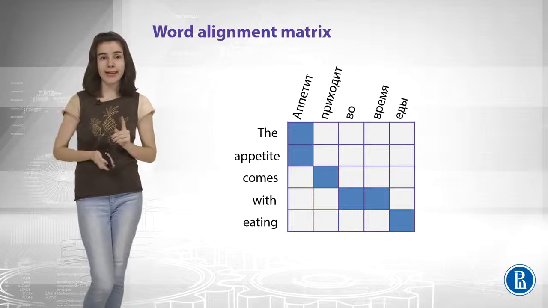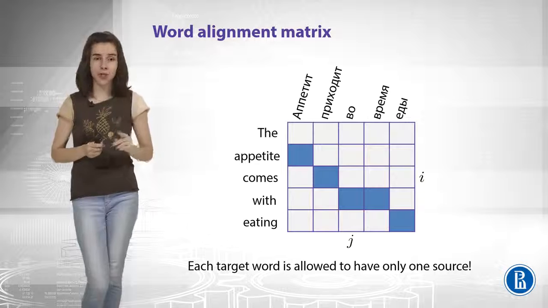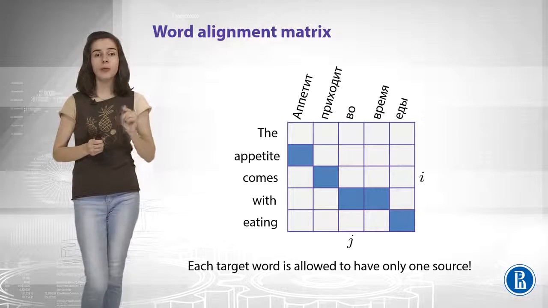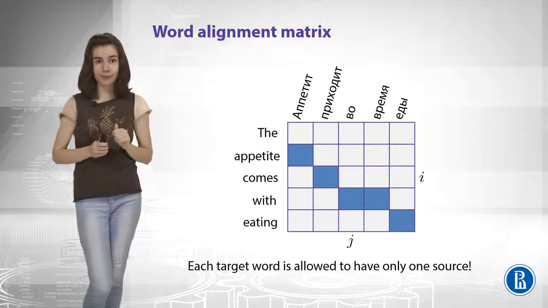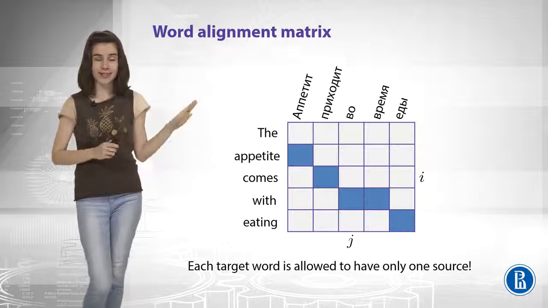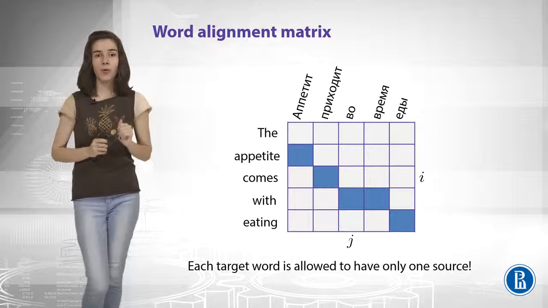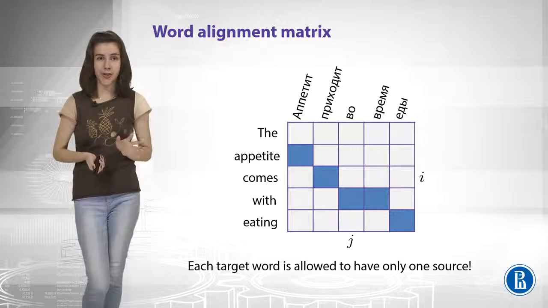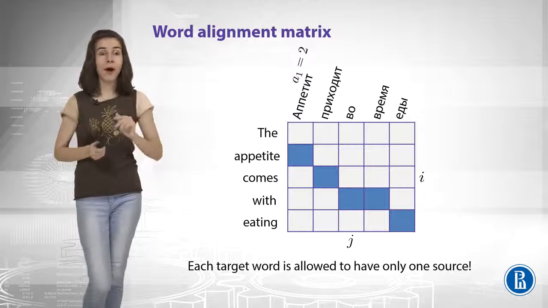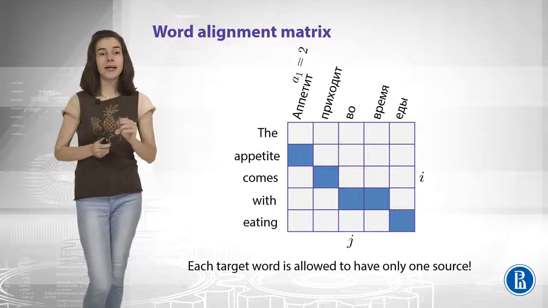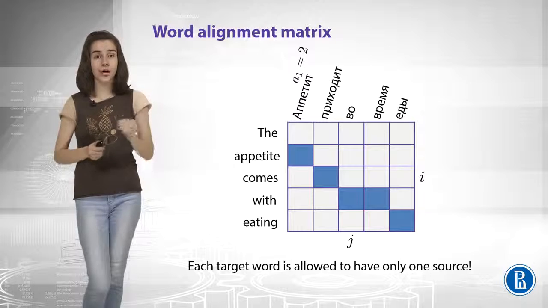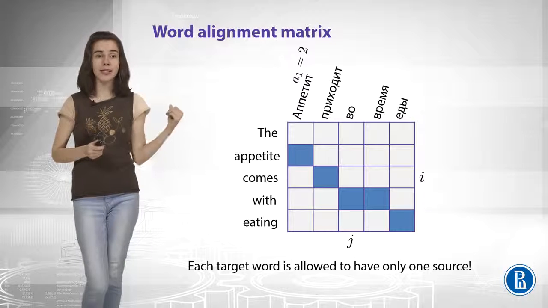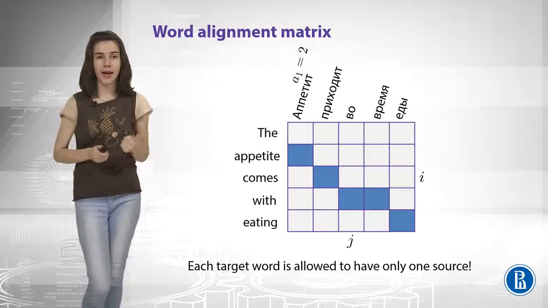And what we do is we say that every target word is allowed to be aligned only to one source word. Okay? Like here. So this is a valid example. Now, what would be the notation here? So we will have A1, which will represent the number of the source word which is aligned to the first target word. So this is appetite, and this is the second word.